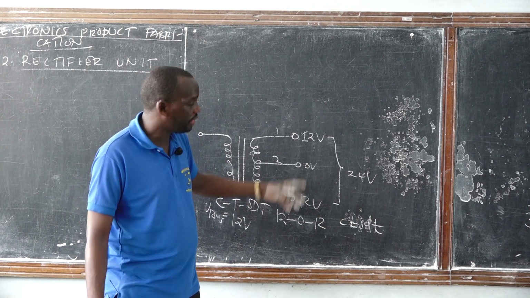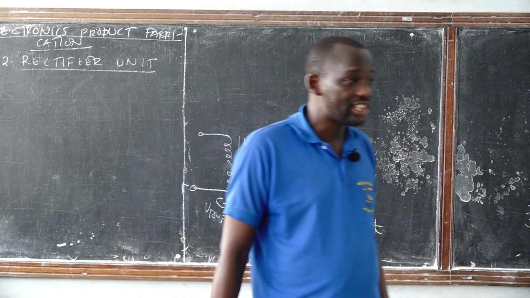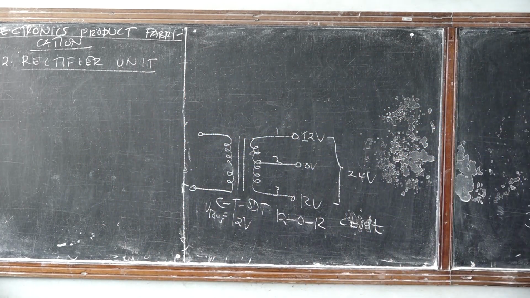But if you have a center-tapped step-down transformer, you just need 1. Are we together? So it means that a center-tapped step-down transformer is a combination of 2 non-center-tapped step-down transformers.